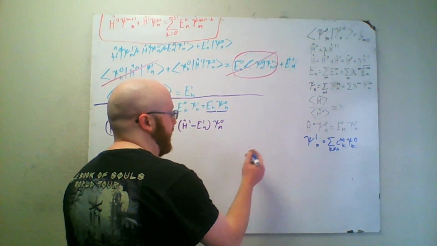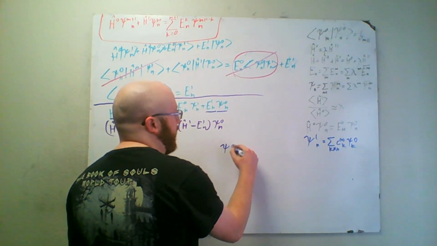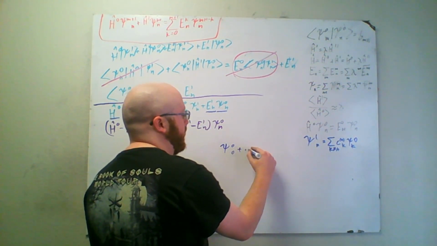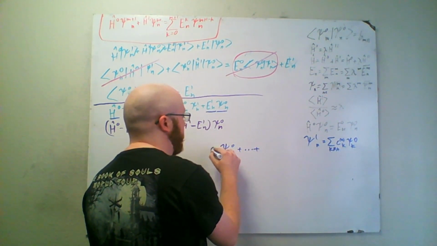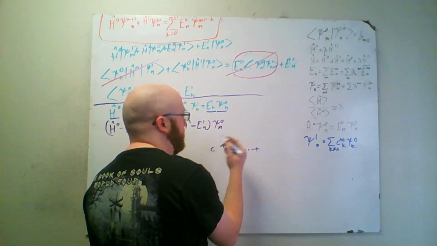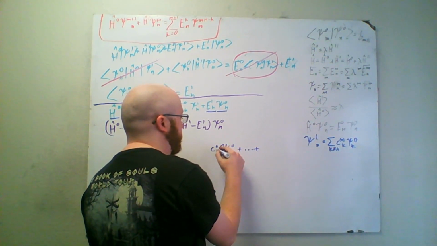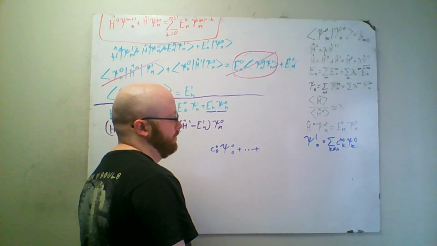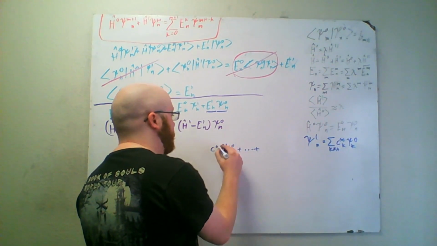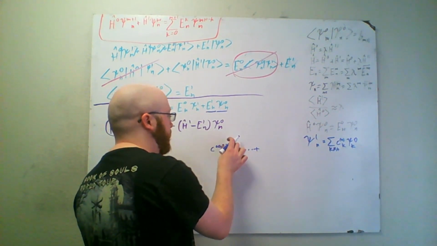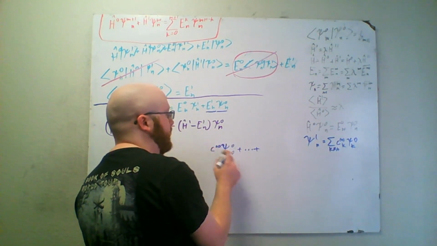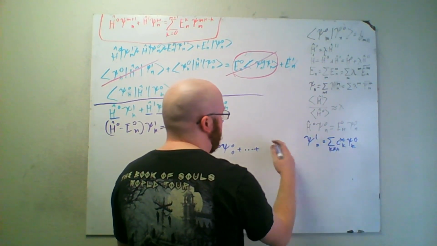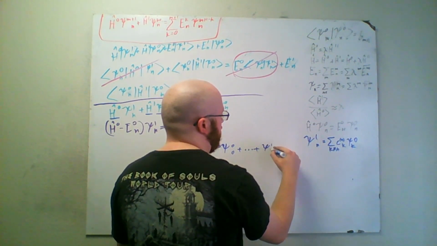Let's say we do psi 0, 0, and then there are some other terms which we're going to ignore, and we're going to give this a C. I'll put both zeros up top, so it's just different. It's not too important.